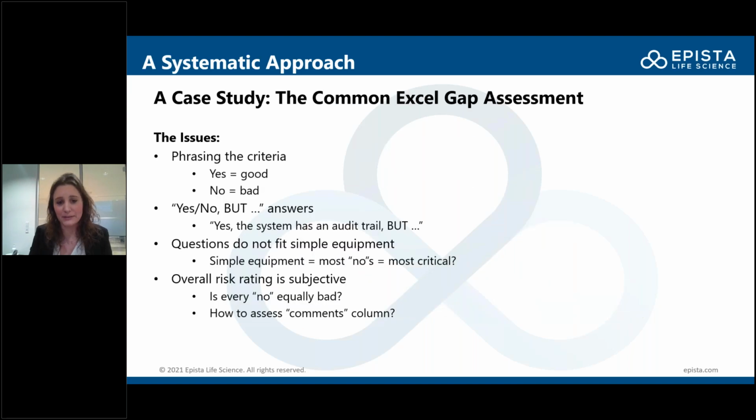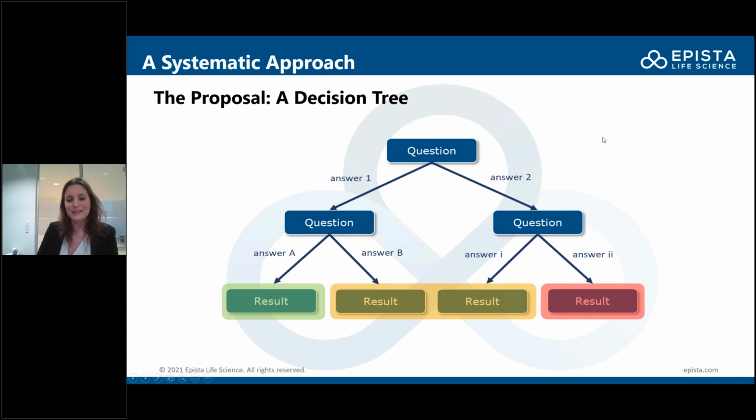What normally happens is that people do a manual risk rating. So they fill everything out, and then you have a system that has 90% no's and has a low risk, and then you have one that has 2 no's and has a high risk. So in the end, it's not really helping you that much if you want a systematic approach. So we went away from that and we're looking towards a decision tree.